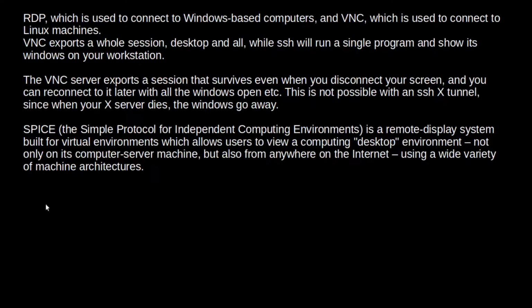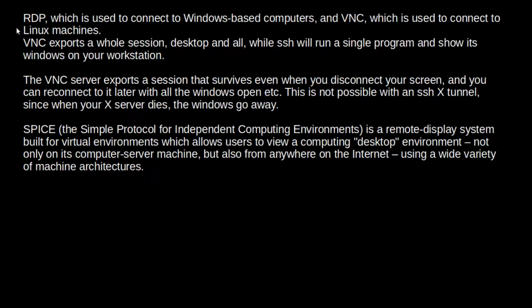And here I have written down some definitions about the different protocols. If you want to connect to a Windows machine, you have to use RDP, which I think stands for Remote Desktop Protocol. I think Windows used a program named Remote Desktop Viewer or something like that.